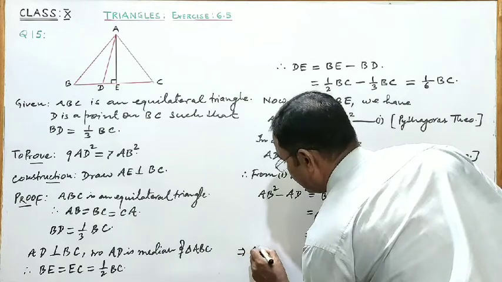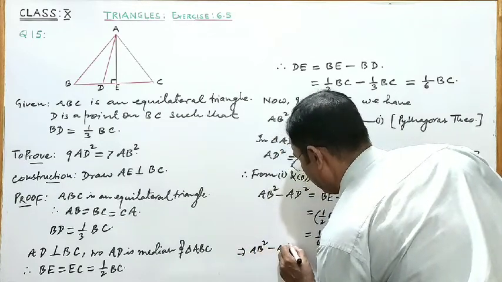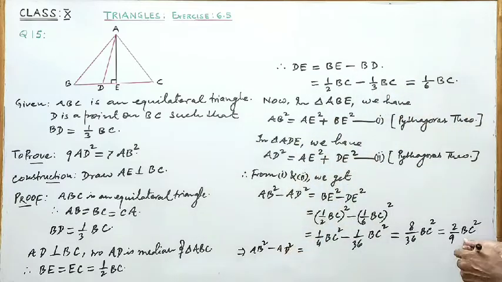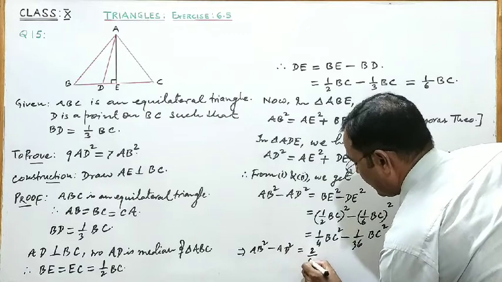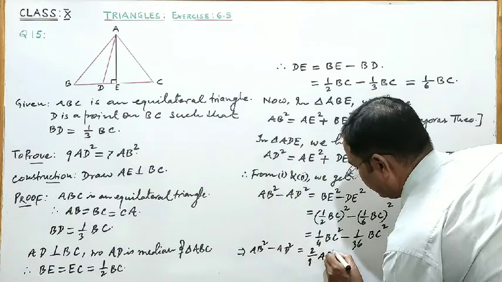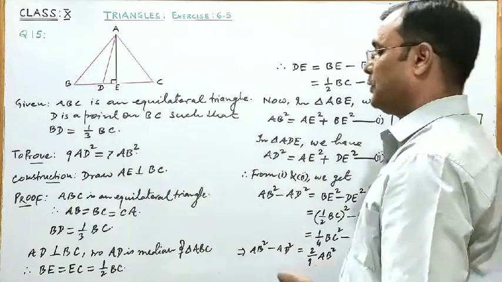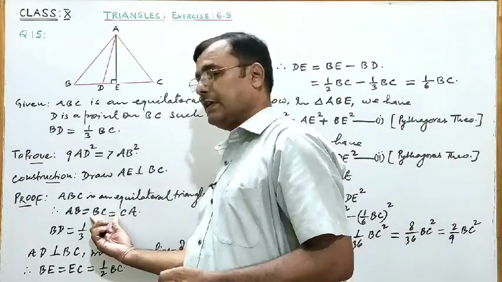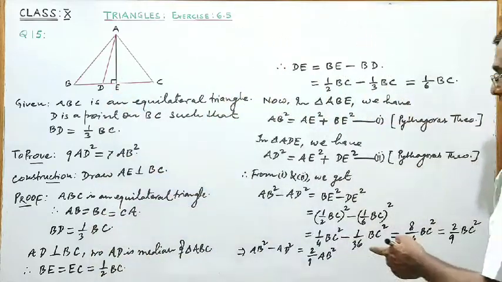This implies AB square minus AD square is equal to 2 by 9 AB square, because AB is equal to BC, three sides of the triangle are equal, ABC is an equilateral triangle.